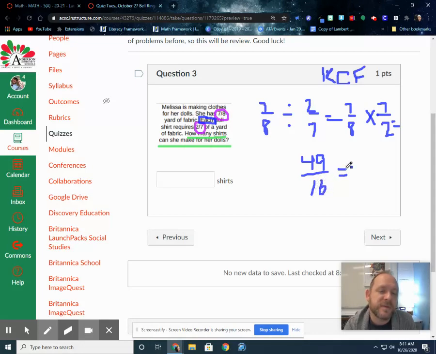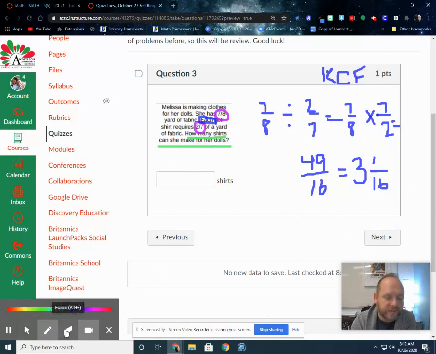So 32 would be 2 times, and then another 16 would be 48, which is almost where we're at. So we can actually take 3 groups, and 49 minus 48 would be 1 piece left over. So our friend Melissa can make 3 1/16 t-shirts.